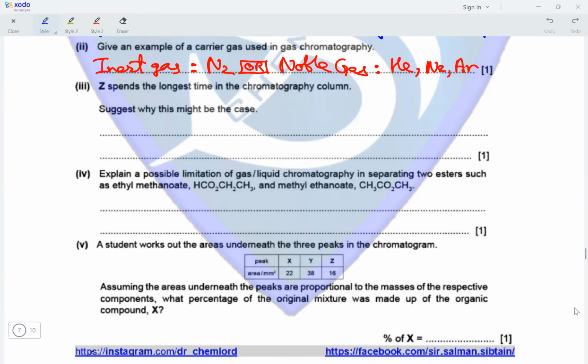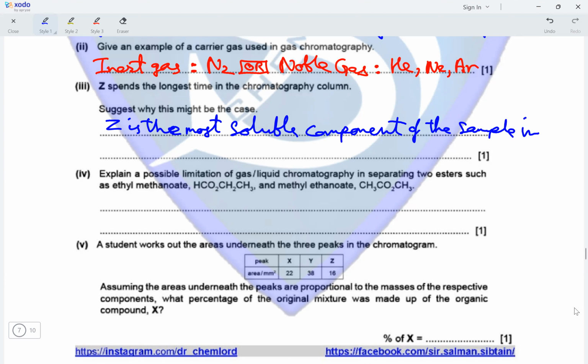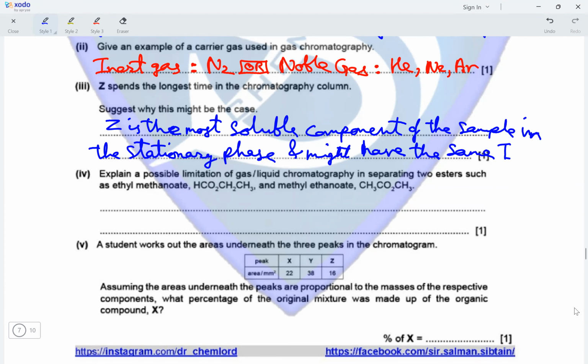So Z is the most soluble component of the sample in the stationary phase and might have the same intermolecular forces as the stationary phase. So that is why it would spend the longest time inside the column.